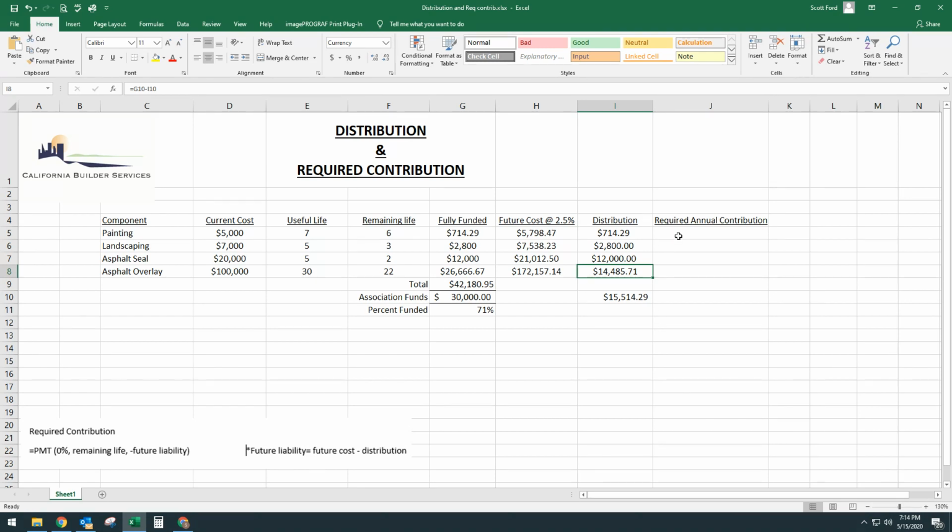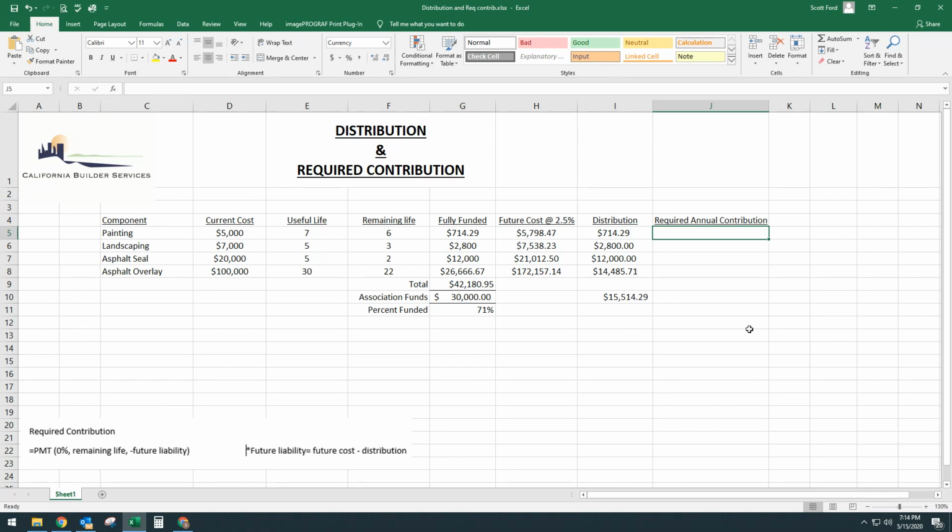In order to calculate the required annual contribution on a per component item, we're going to use the payment method. And I've snipped it over here. Again, Excel makes it really nice to use those financial calculations that we can just alter a little bit for reserve funding.